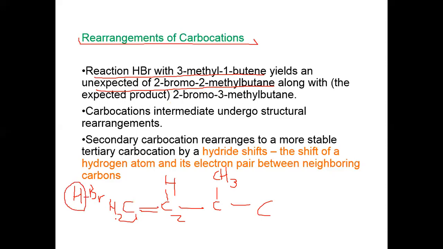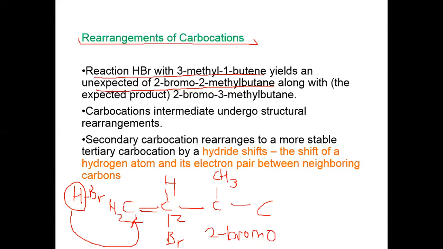Sekarang karbon 1 ada 2 hidrogen, karbon 2 ada 1 hidrogen. So H akan pergi kepada karbon 2. Betul. So kita akan expect Br akan berada di sini. So kita akan expect yang kita akan ada 2 bromo as the major product. Kan?